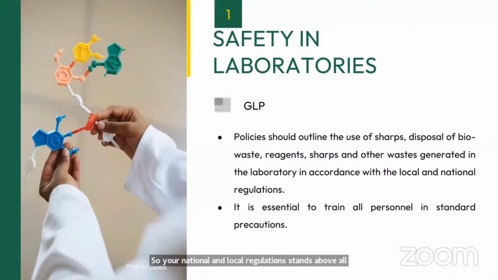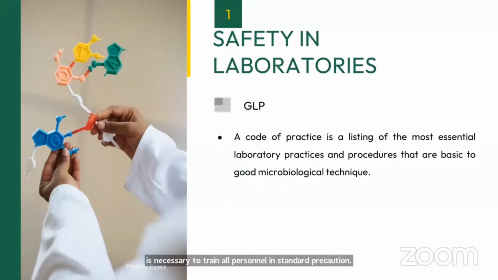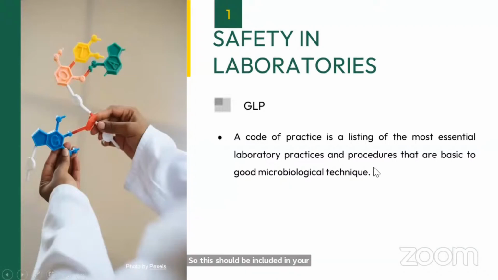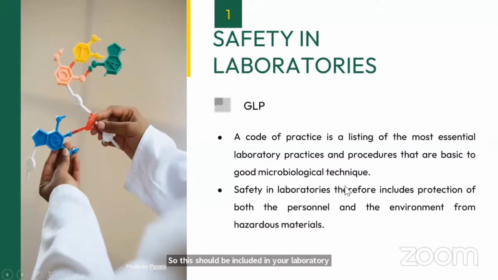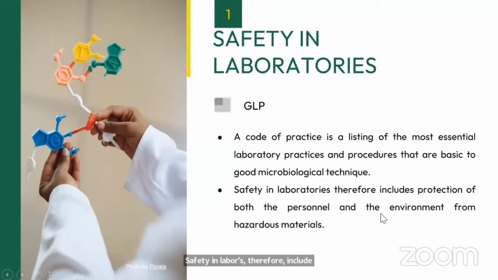It is essential to train all personnel in standard precautions. A code of practice is a listing of the most essential laboratory practices and procedures that are basic to good microbiological techniques, so this should be included in your laboratory practices. Safety in laboratories therefore includes protection of both the personnel and the environment.